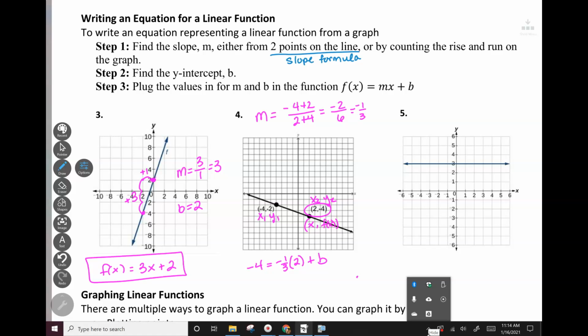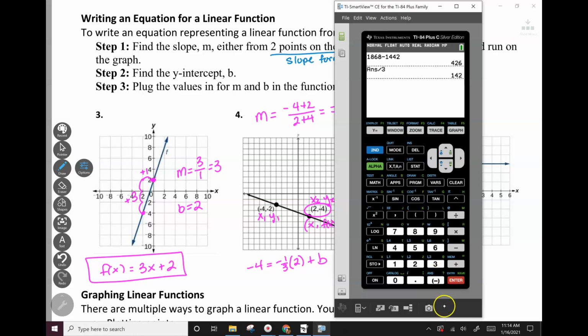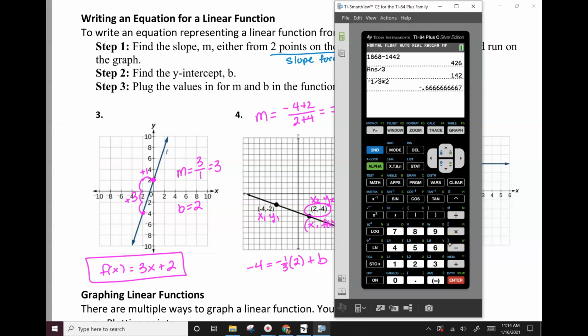All right, so we'll solve for b. So I'll do that in my calculator. I've got negative 4, I'm going to do my negative 1/3 times 2. So then I need to add that to the other side.